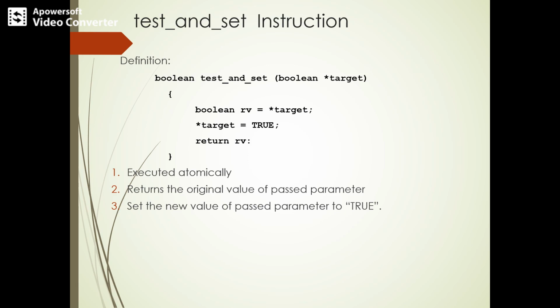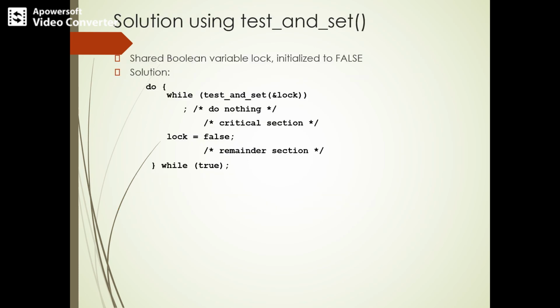If the machine supports the test and set instruction, then we can implement mutual exclusion by declaring a boolean variable called lock, initialized to false. Here you can see how the solution to the critical section is implemented. First, the lock is initialized to false, and we call the test and set function with boolean target.